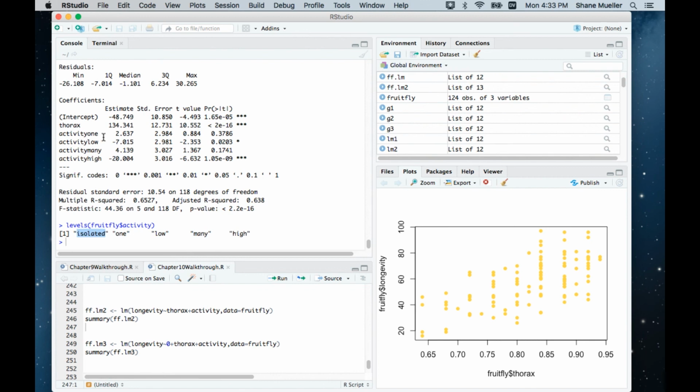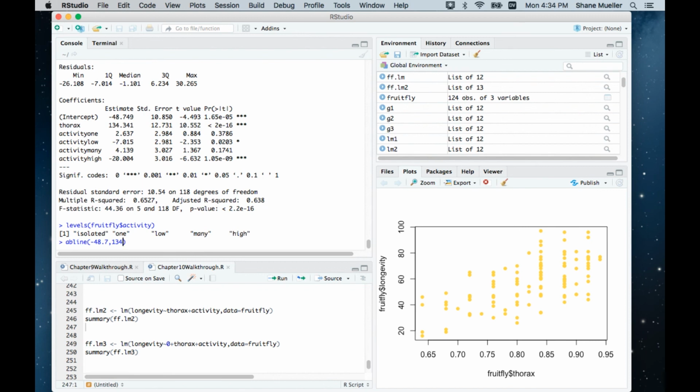And then every one of these activity levels is going to have a different, not a different slope, it's going to have a different intercept. So this slope is going to stay the same for everyone. And so if I want to put lines on here, it's going to be something like abline, negative 48.7, 134.